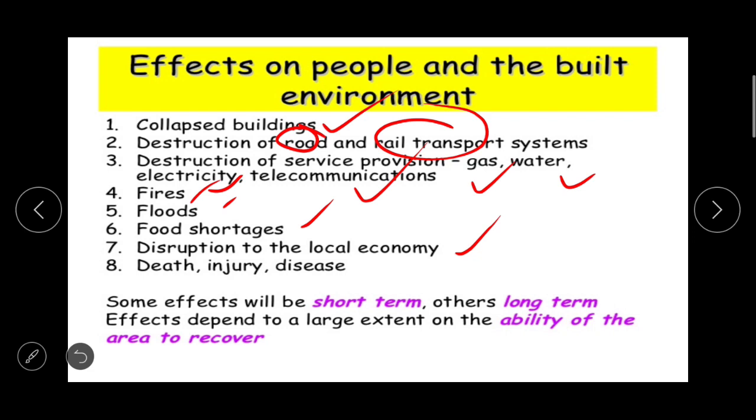Some effects will be short term, others long term. Effects depend to a large extent on the ability of the area to recover.